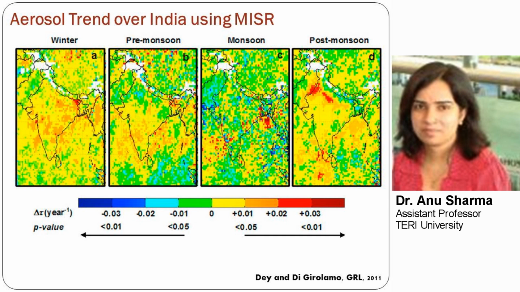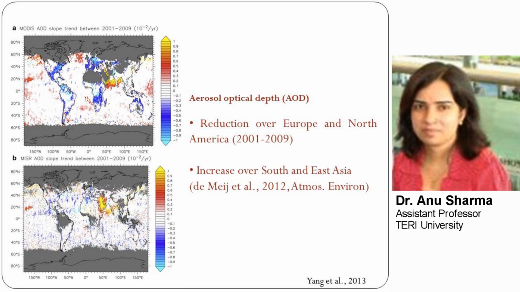But again, we are not limited to India. These kinds of observations can also be done over the world, right? If I'm not interested in India, I want to look at the world, there are also studies being done. Here there was a study done by Mies et al.